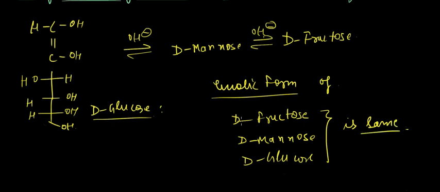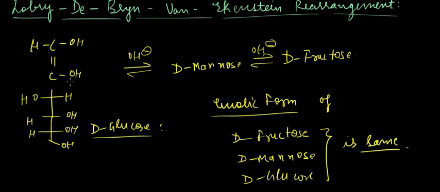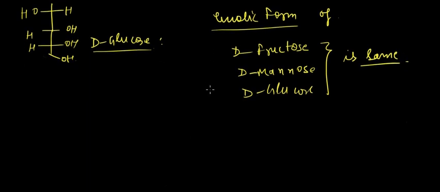The reason is pretty straightforward and you can pretty much guess it, because the enolic form is only defined by these two carbon atoms. Hence all the enolic forms of these three carbohydrates or monosaccharides would be the same.